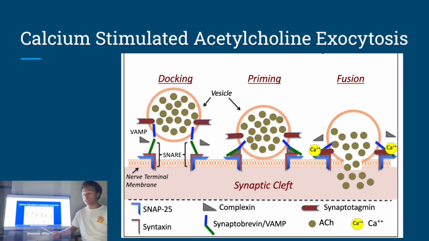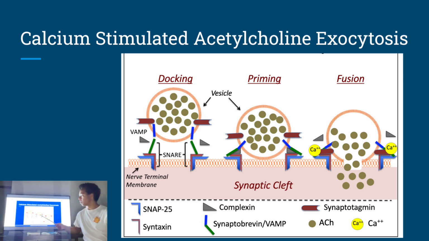The main ones that play here are VAMP, also known as synaptobrevin, syntaxin, and SNAP25. VAMP/synaptobrevin is located on the synaptic vesicle, while the other two, syntaxin and SNAP25, are located on the presynaptic membrane. These three proteins work together to permit fusion and facilitate the release of acetylcholine into the muscle membrane.